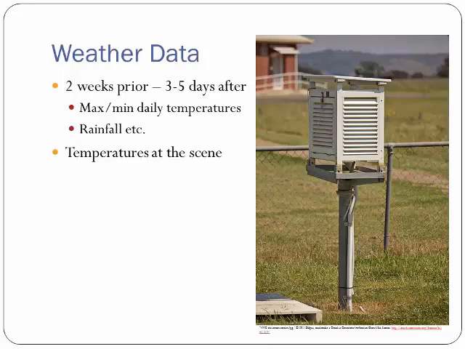Since the rate of decomposition and fly development depends on the ambient temperature, you need to take a look at what species are on the body and then decide approximately how much historical data you need.